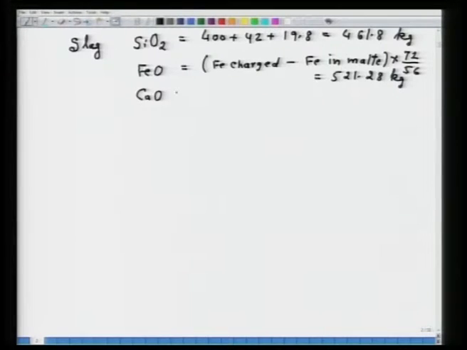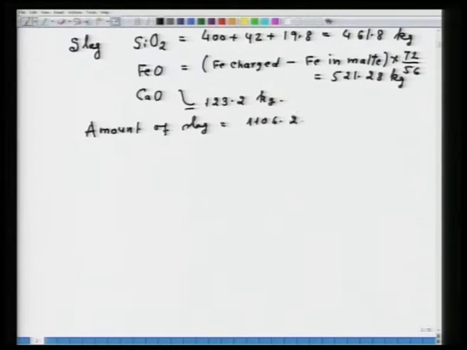Now, about calcium oxide, it is straight away equal to 123.2 kg. So, the amount of slag would be 1106.28 kg.